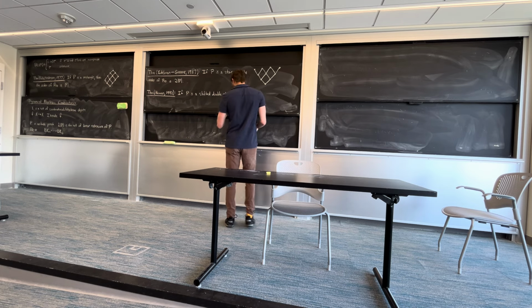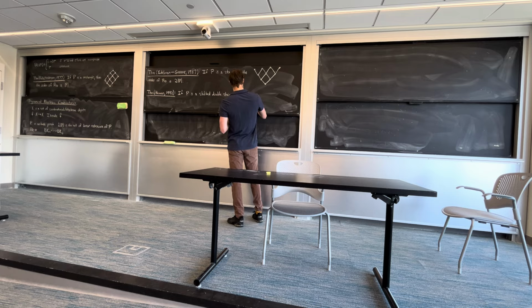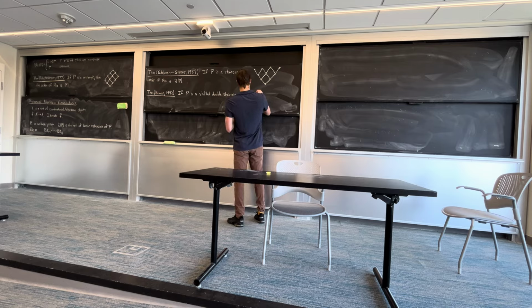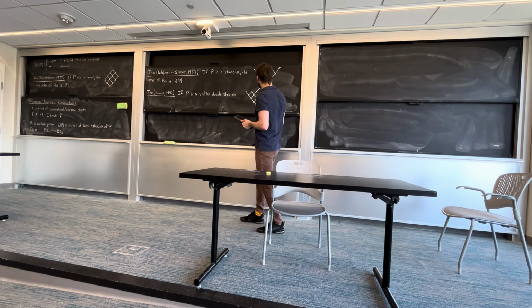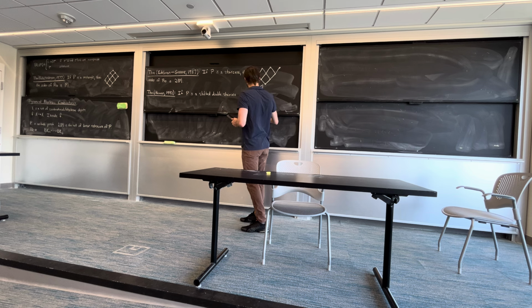So what is a shifted double staircase? Basically you can imagine you've got some kind of staircase thing and you're allowed to chop it here and put it into this kind of shape.